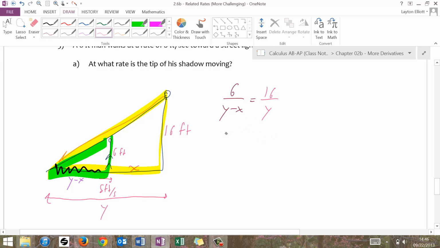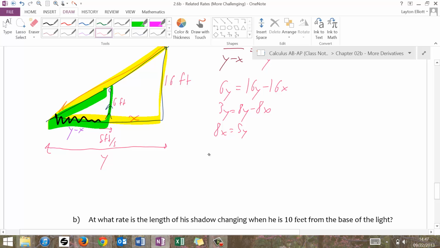And let's do some cross multiplying and manipulate this around. So 6y is equal to 16y minus 16x. Let's cut that in half. 3y is equal to 8y minus 8x. Move things around, and I have 8x is equal to 5y, or y is equal to 8x over 5.